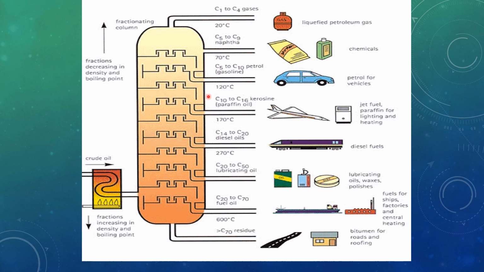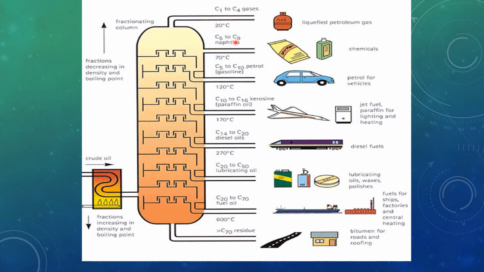At the upper side, the temperature is decreasing, and fractions that have a low boiling temperature, and fractions that have a very low boiling temperature, will move upward and gradually condense.